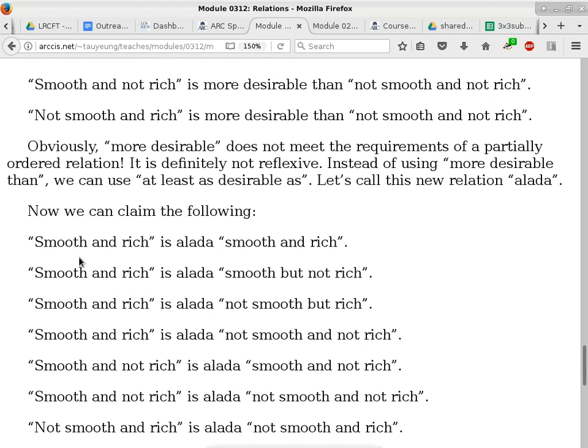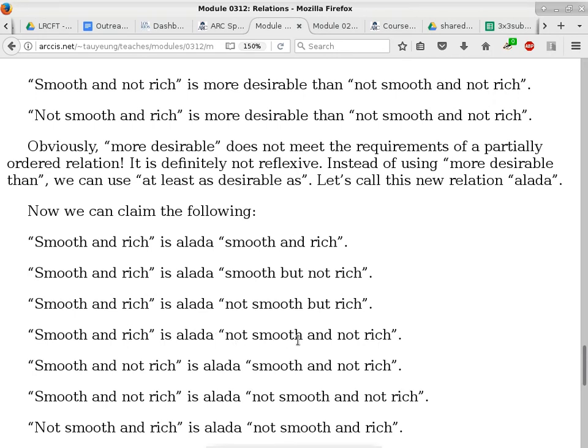So now we have a reflexive relation because smooth and rich is at least as desirable as smooth and rich, right? Smooth and rich is at least as desirable as smooth but not rich. And smooth and rich is at least as desirable as not smooth and not rich.